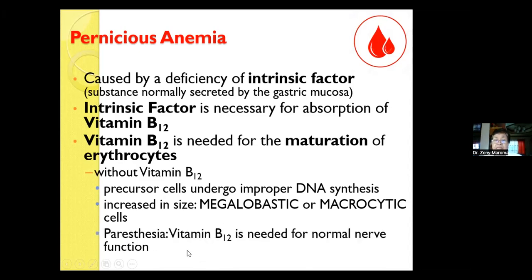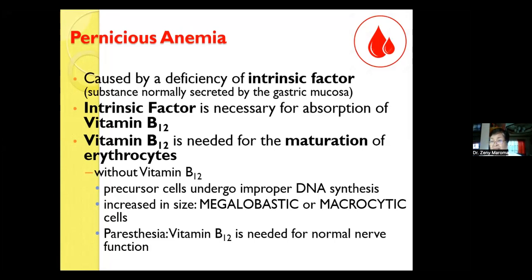Okay. So, bakit may paresthesia? May paresthesia, may numbness, there could be paralysis, there could be ataxia, because the vitamin B12 also plays a role in normal nerve cell function. Kaya, dagdag ko lang, if the patient has cerebrovascular accident, diba, there's damage to the neurons.